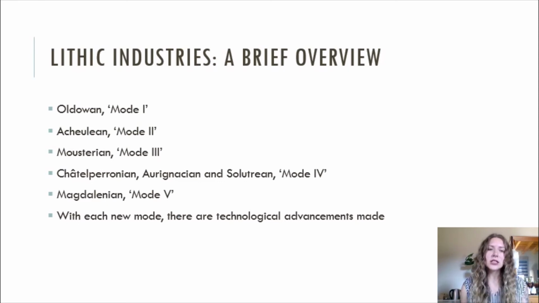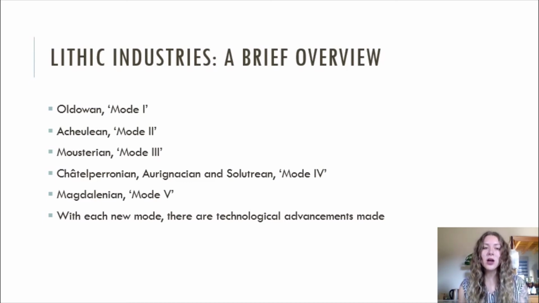The next is the Châtelperronian, Aurignacian, and Solutrean, which is Mode 4. These are associated with the Upper Paleolithic and generally include very finely worked large stone artifacts.